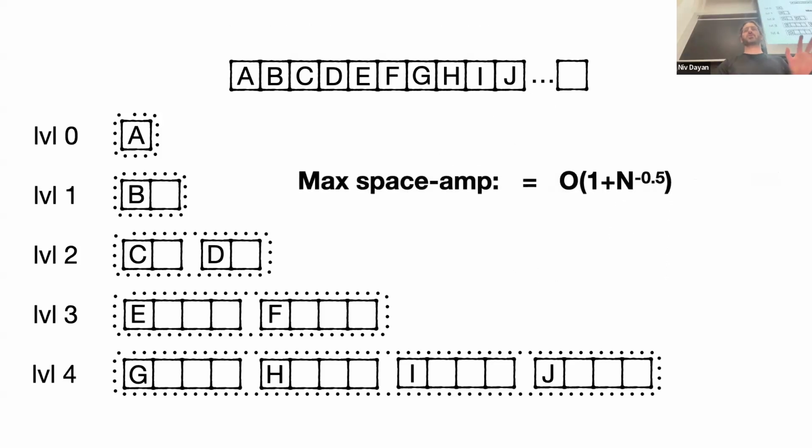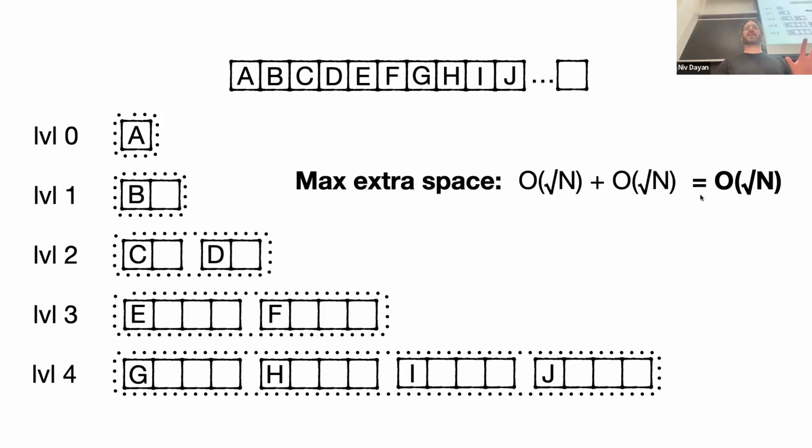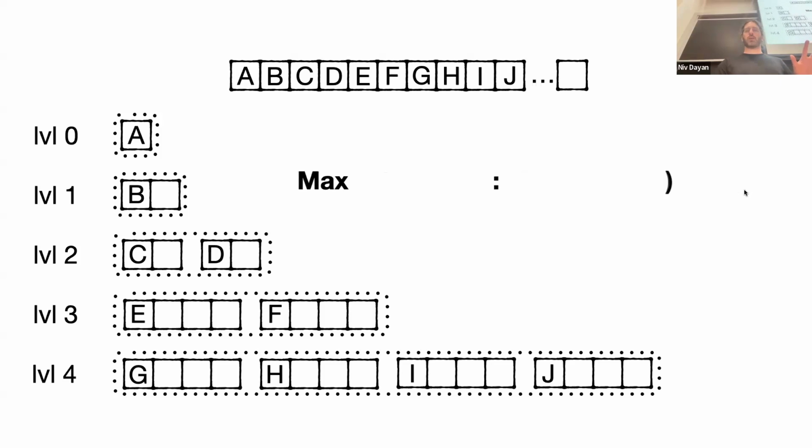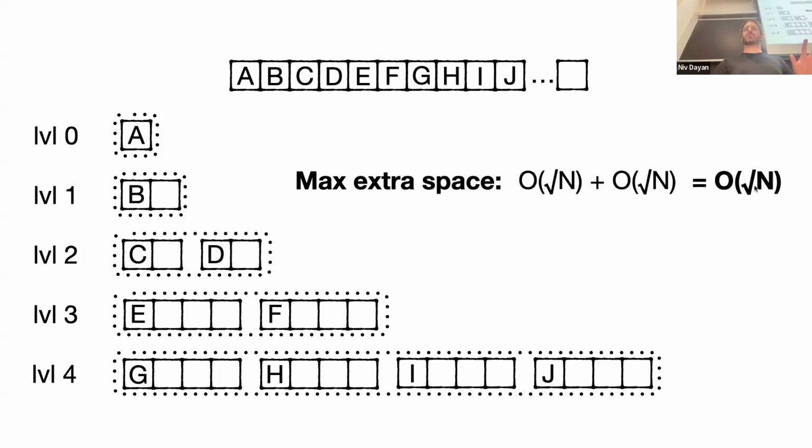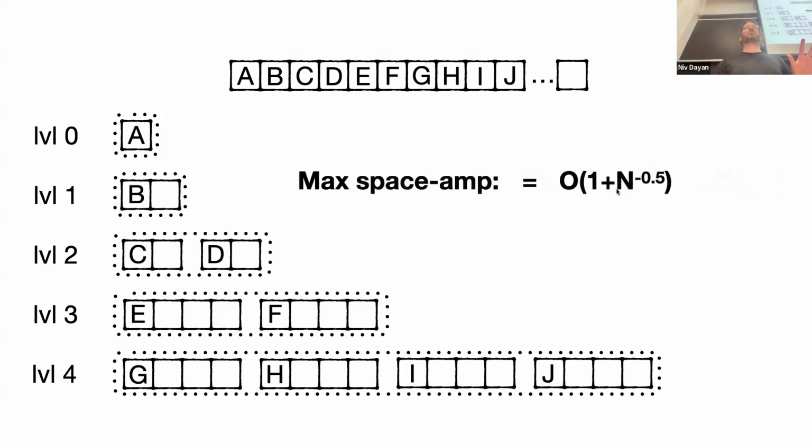This is just finishing the analysis of space amplification. This is the total amount of wasted slots. If you want to express that in terms of space amplification, you can express it in the following form: 1 plus the inverse of square root of n. And interestingly, as n grows, we observe that the space amplification is shrinking and shrinking and shrinking.